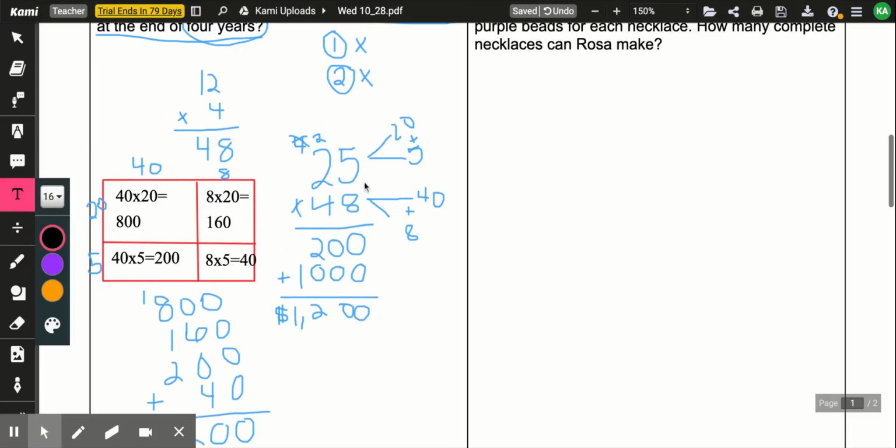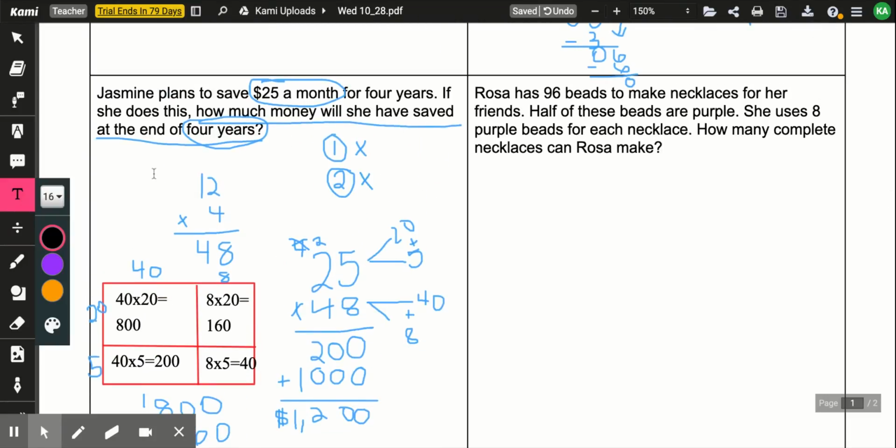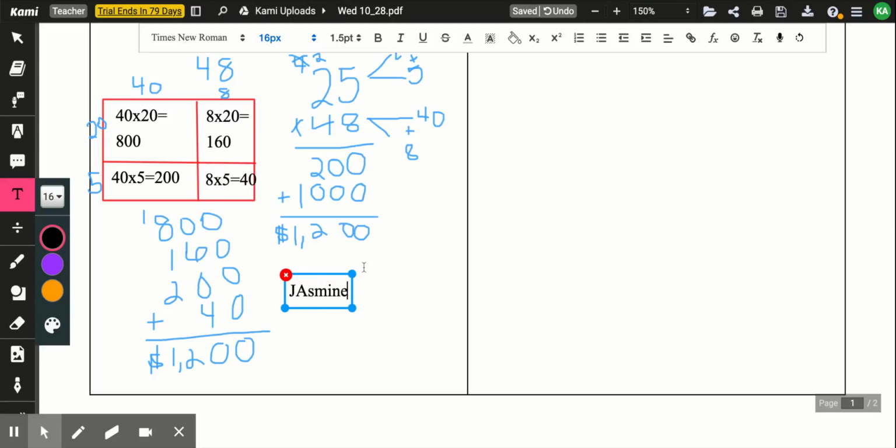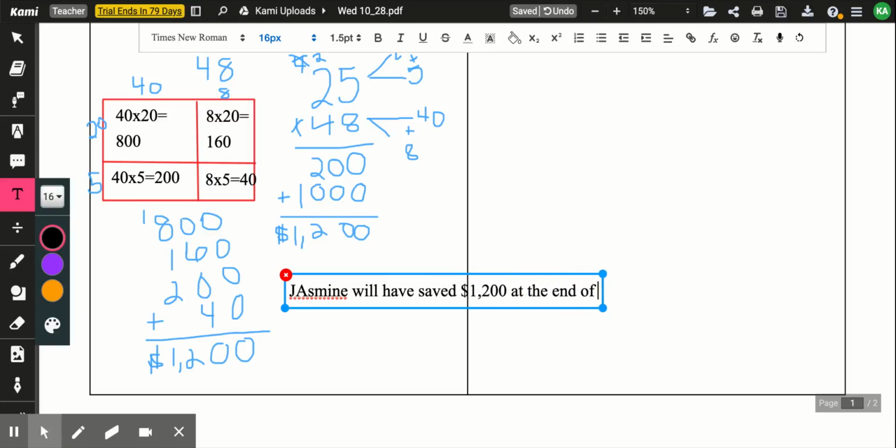So now going back to our question, how much money will she have saved at the end of 4 years? We can say Jasmine will have saved $1,200 at the end of 4 years.